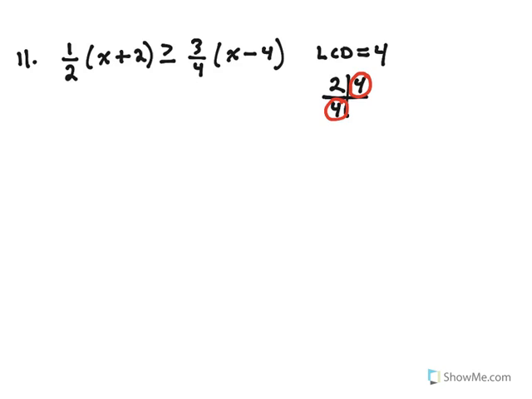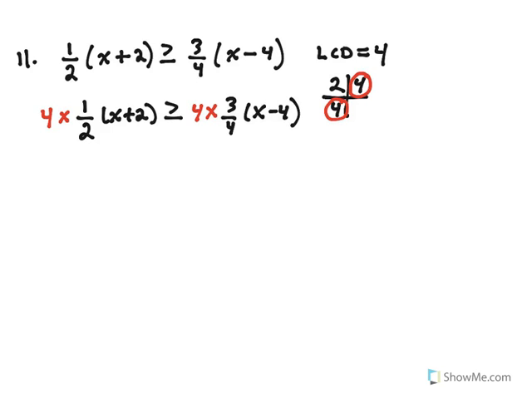Okay? So what we're going to do is take that LCD and multiply it by both sides of the inequality. Okay? And now we want to cross cancel the 4 and the 2.